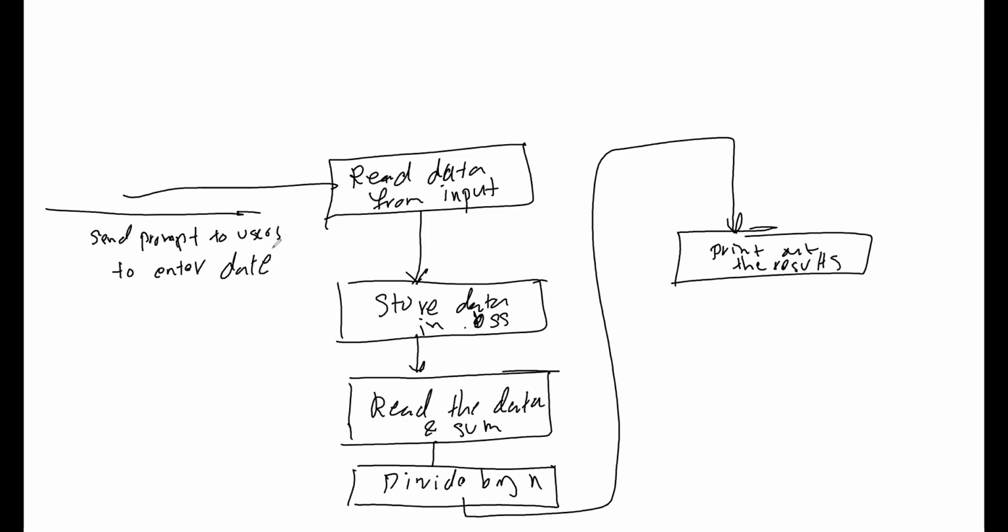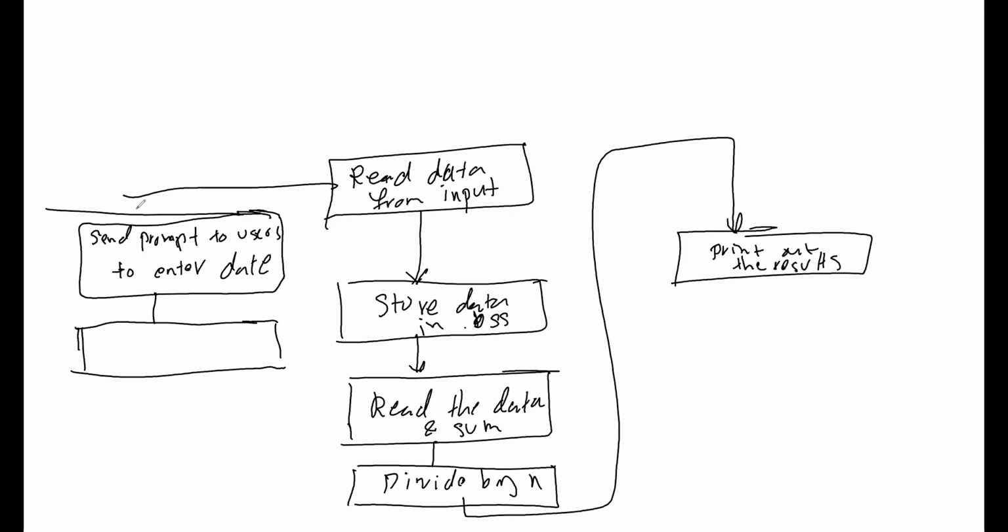So you inform them to do that. So that's the first block. And then the user starts entering the data. But you can do this in two different ways. You can send a prompt for each integer that you want to read, or you can just send one prompt and collect all the integers from the user. So you can do it differently, right?